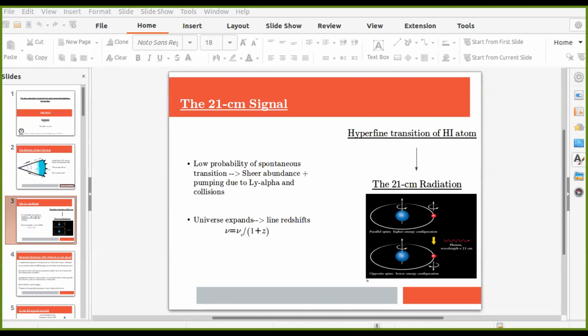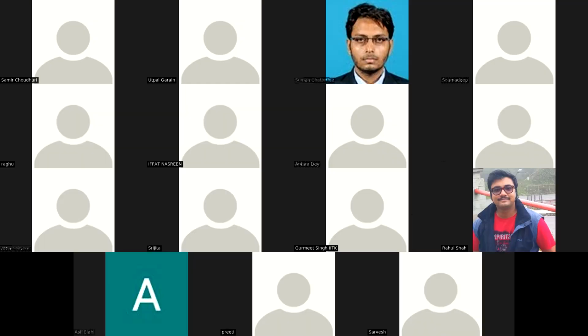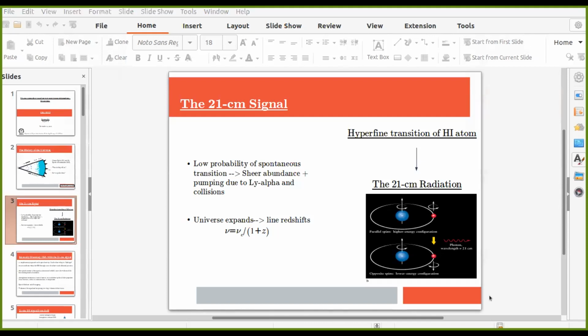The slides are changing. Which slide is it showing? Okay, so let me stop share for once. Is it working now?